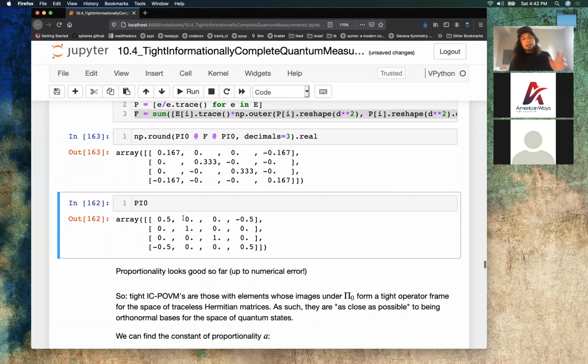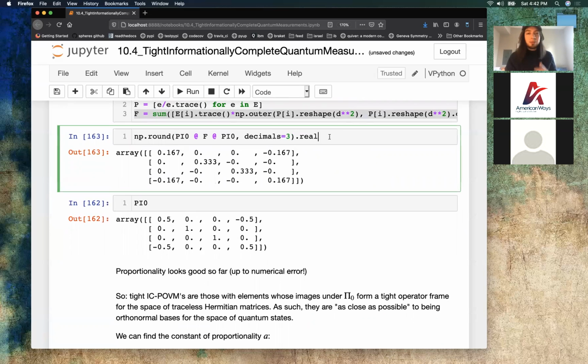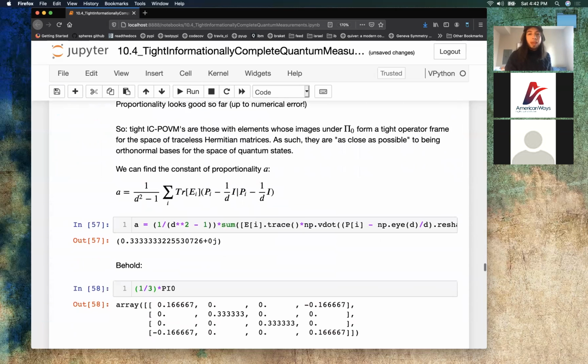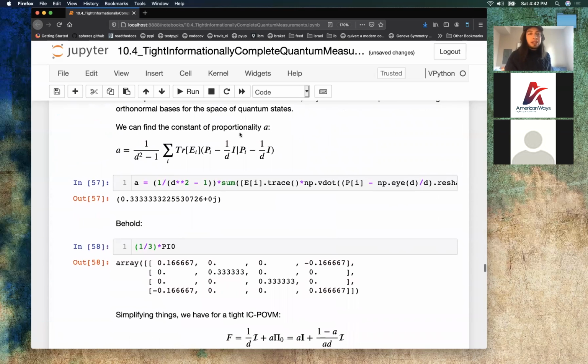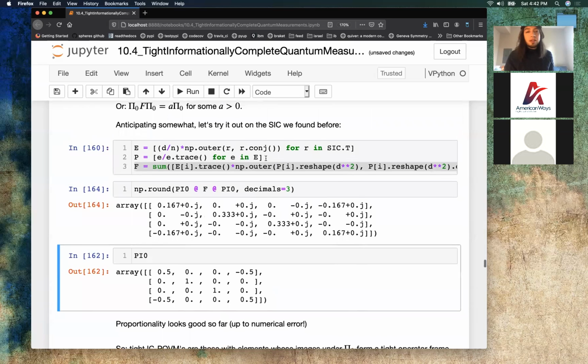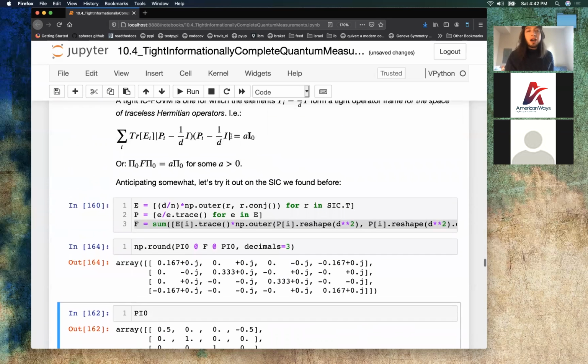If you eyeball it, are they really proportional to each other? They are. And we're about to calculate what the constant of proportionality is. So how do we do that? We're basically going to take the trace of this, of the frame operator where the elements are the traceless versions.